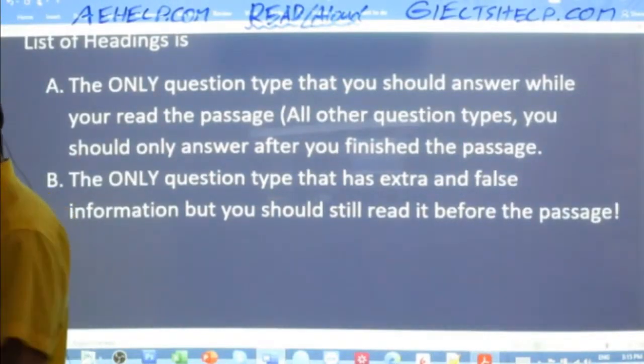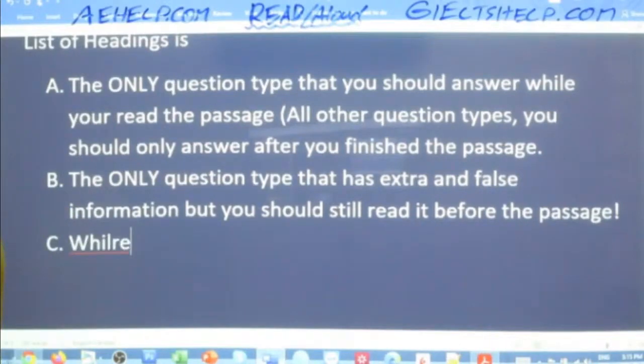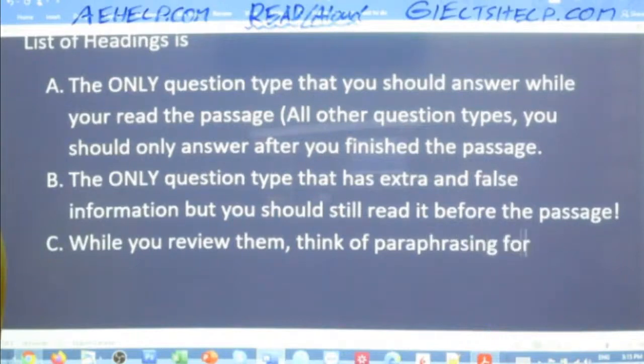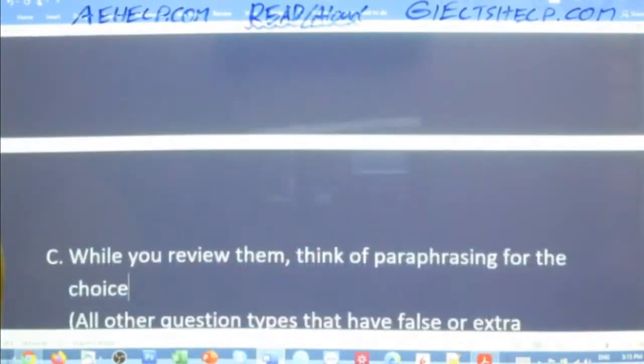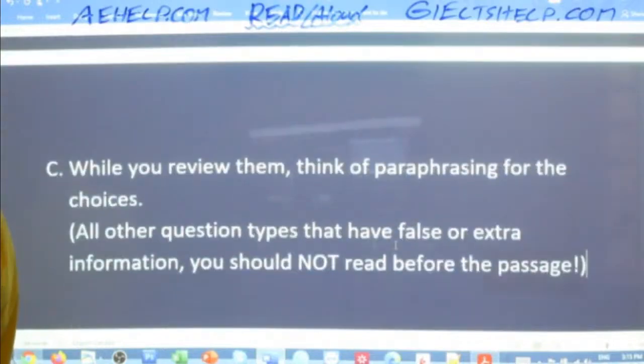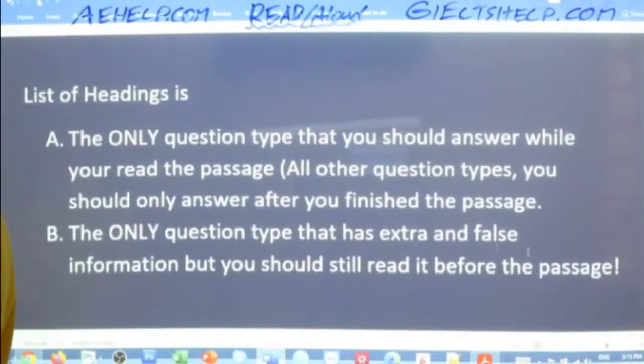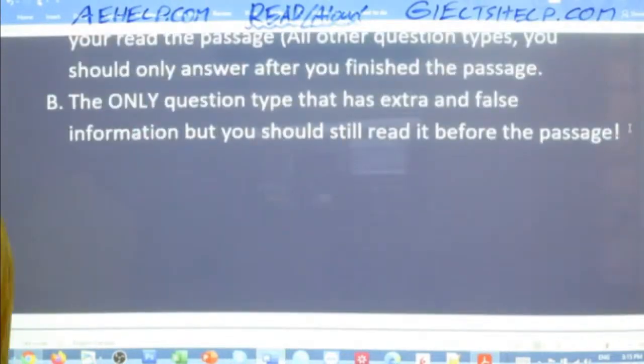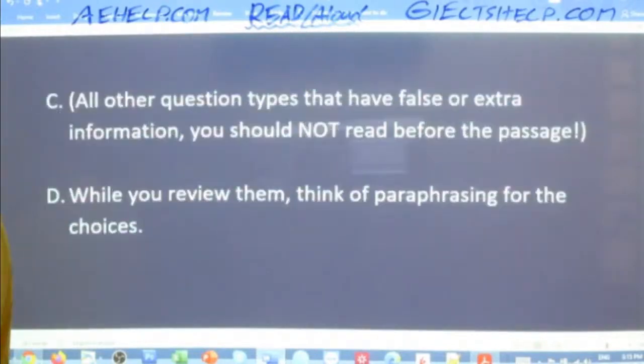Okay, so while you review them, think of paraphrasing for the choices. Okay, so think of paraphrasing for the choices while you review each one as best as you can.